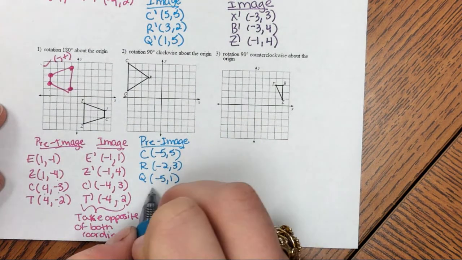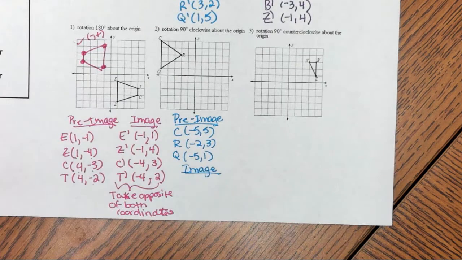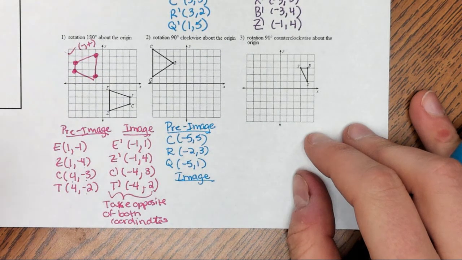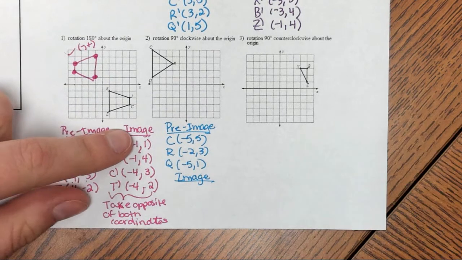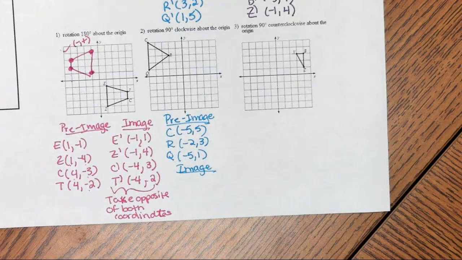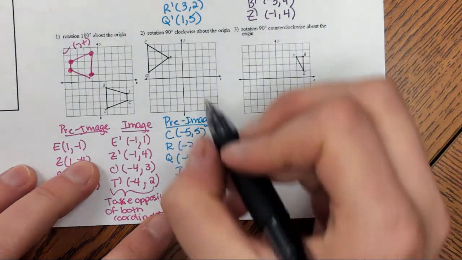All right, so for my image coordinate, my rule says for 90 degrees clockwise, I need to take the opposite of the x coordinate and then switch the order. So I like to do this in 2 steps. Okay, so first I'm going to take the opposite of all of these, and I can do this with a black pen if I go through and I just quickly take the opposite of all the x's.